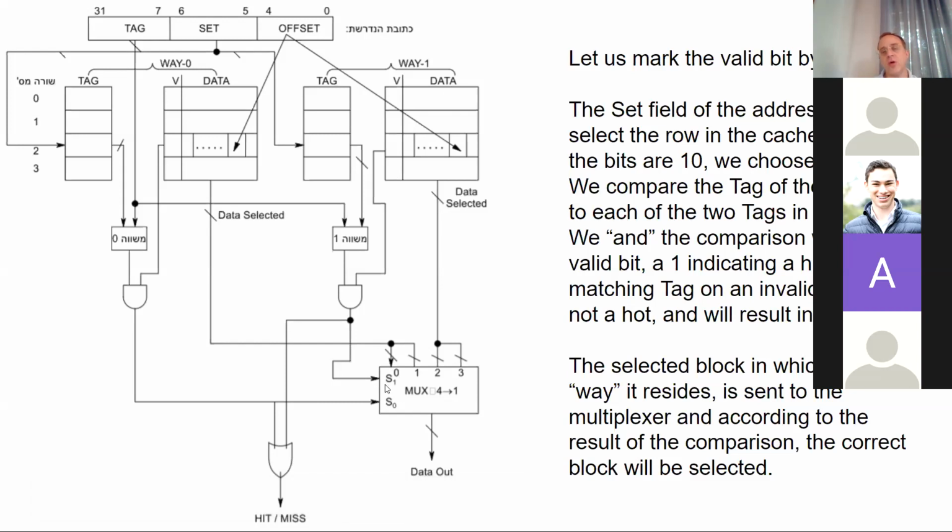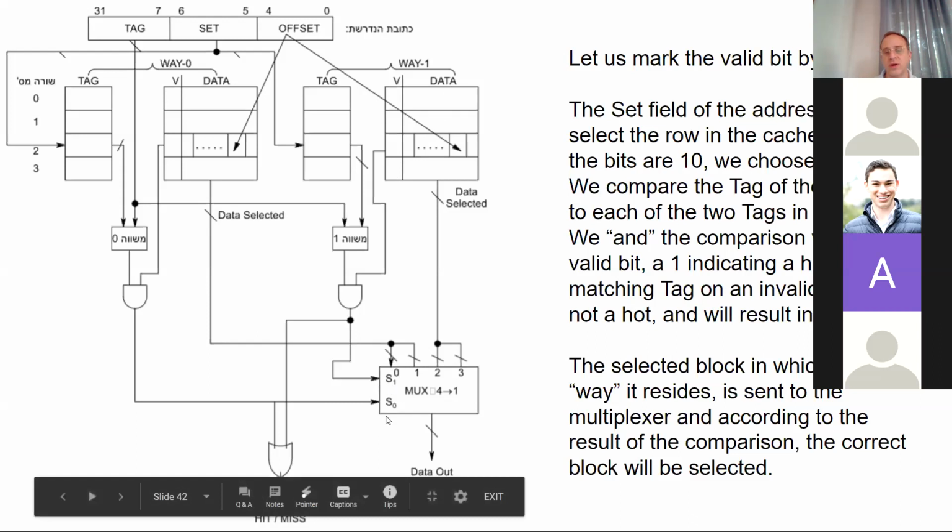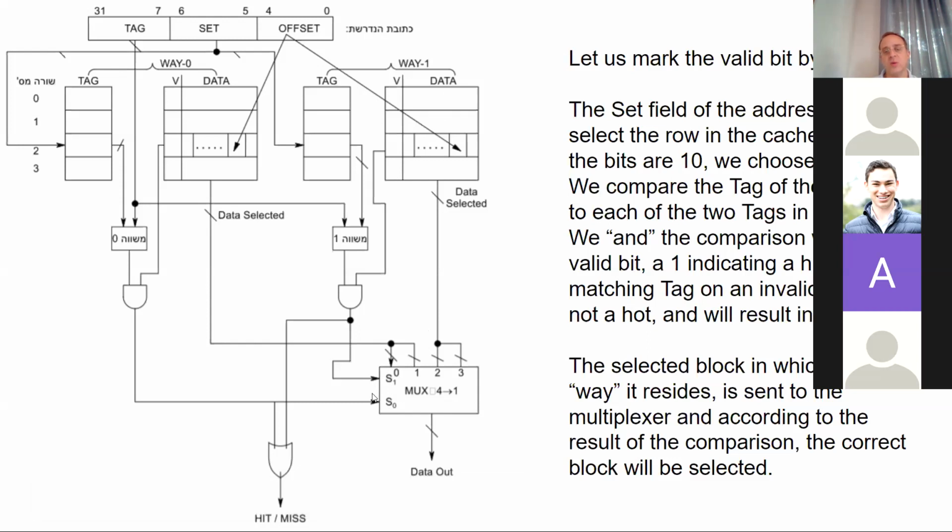You don't just want 1 or 0 here. You want to say that 0 indicates this one and 1 indicates this one. I don't know how else you would do it. What would you have? It looks like S1 is the only thing that makes a difference. It doesn't look like S0 makes a difference.